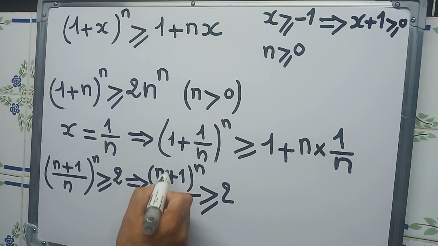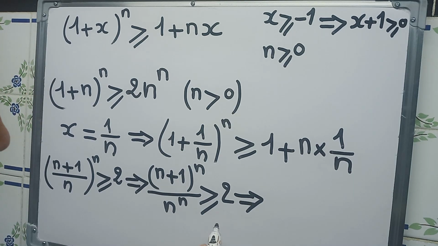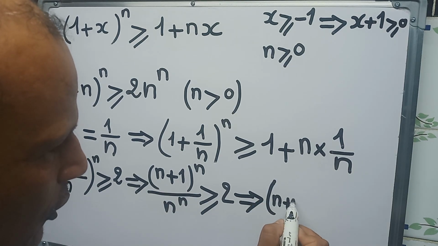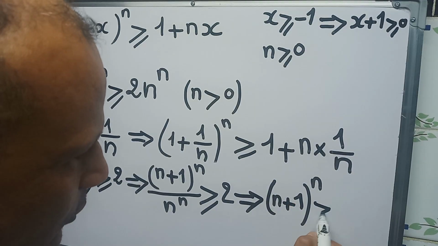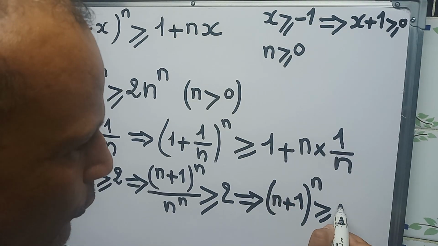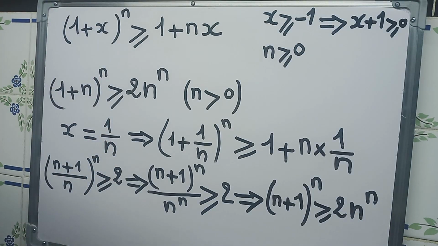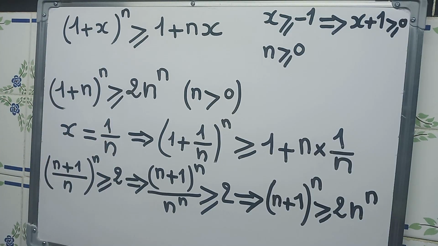The final step is just to multiply by n^n, so we'll have (n + 1)^n is greater than or equal to 2n^n. And this, of course, concludes our problem.